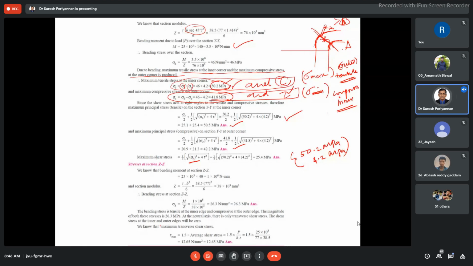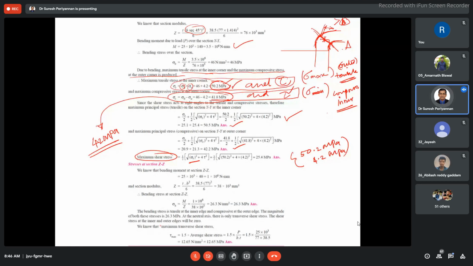But here the magnitude of the other component, sigma c, we know is approximately 42 megapascal. Suppose sigma c is going to be 60 megapascal, then we have to consider this 60 megapascal for finding the maximum shear stress. One more time I clarify this.